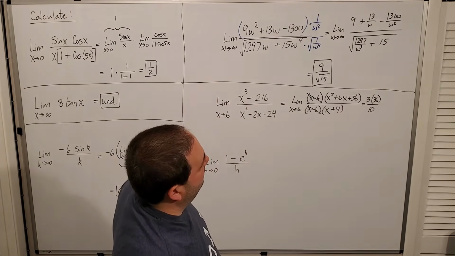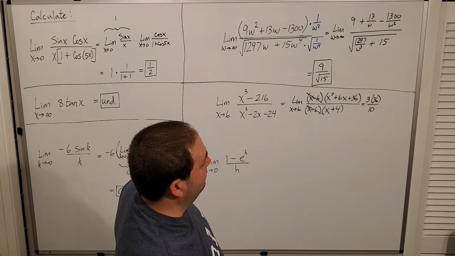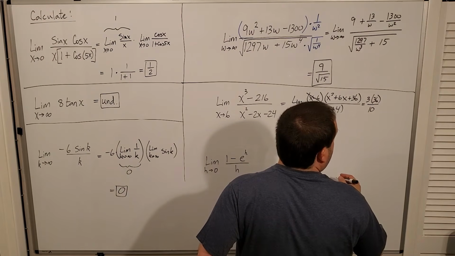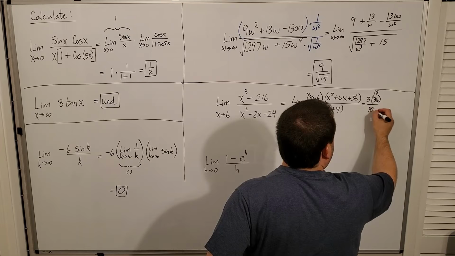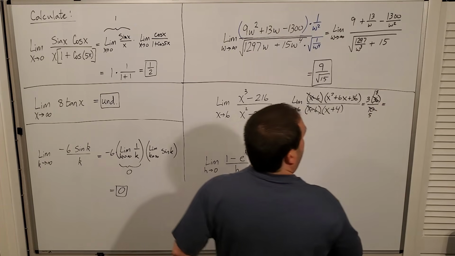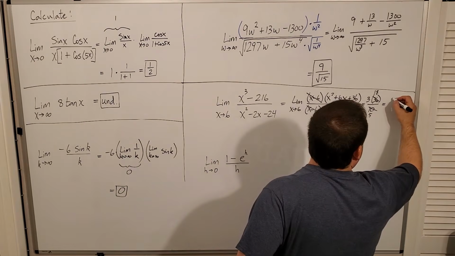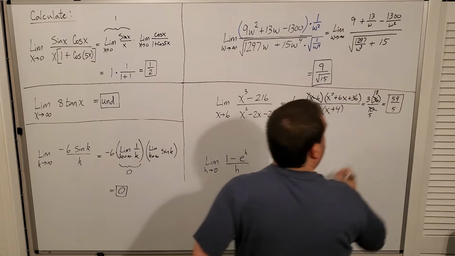I did that to help my mental math here. I can reduce this a little bit. 36 and 10 will reduce with a 2, right? That'll give me 18 here and 5 here. 3 times 18 is 30 and 24 is 54. Fits.